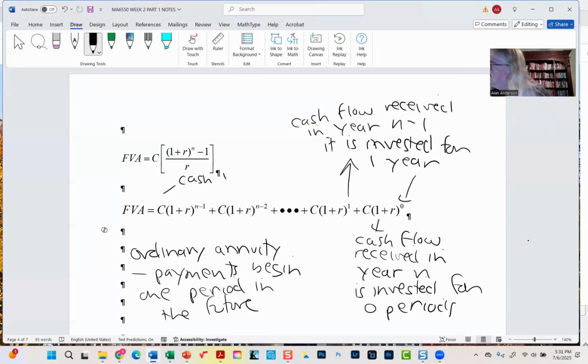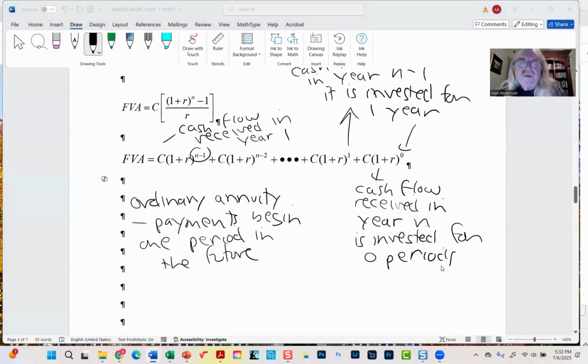So this is received 1 year in the future. Therefore, it is invested for N minus 1 years. Okay, so that's the logic behind this equation. How many years is this cash flow being invested for, given that this is an N year annuity? Remember, the first cash flow starts in 1 year. So therefore, it is being invested for N minus 1 years. The last one is received in year N, so it is invested for no years.